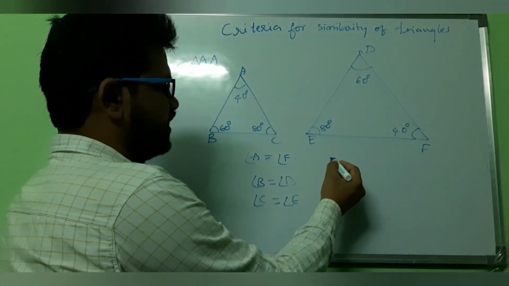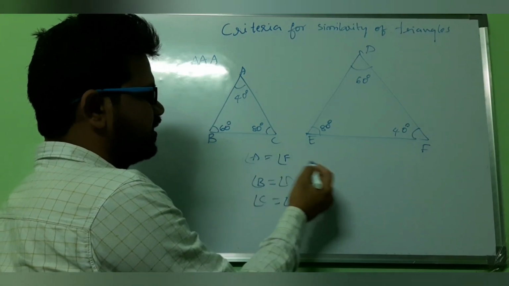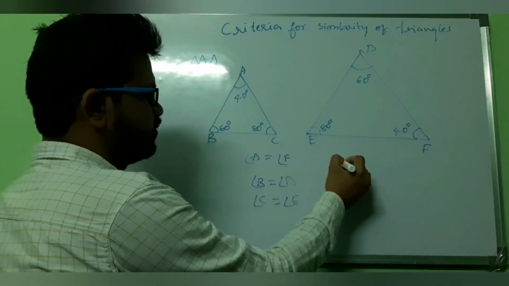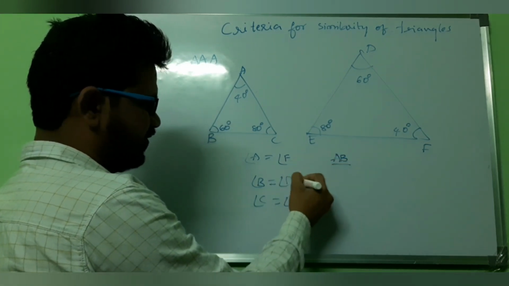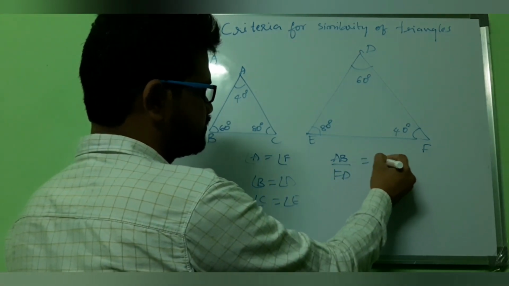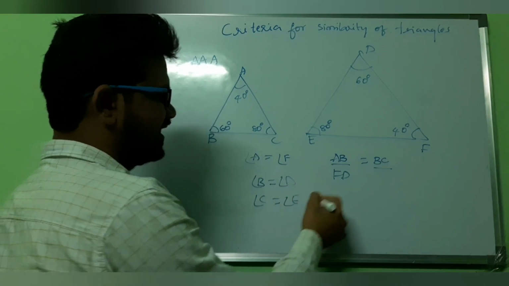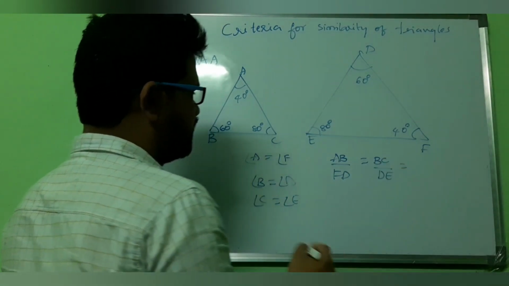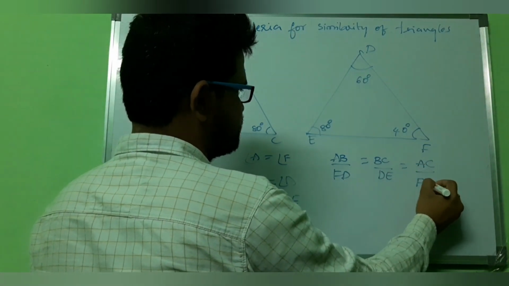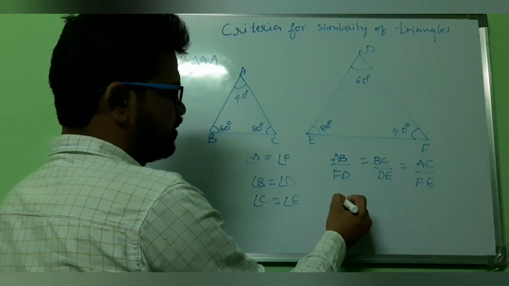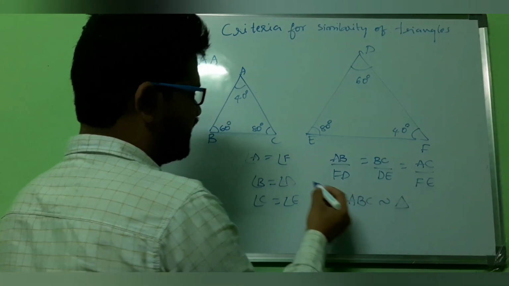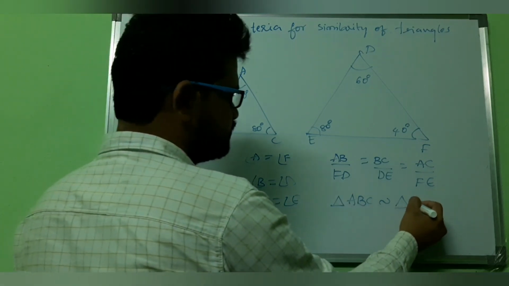So we can write that corresponding angles are equal, so corresponding sides are proportional. AB by FD is equal to BC by DE is equal to AC by FE. Means triangle ABC is similar to triangle FDE.